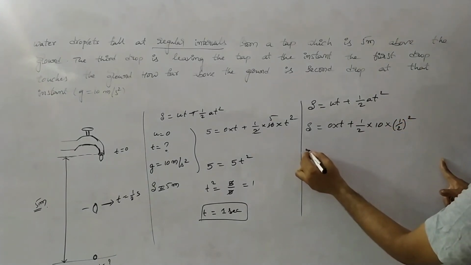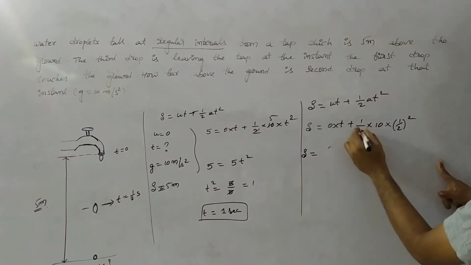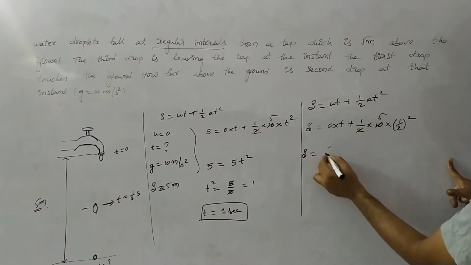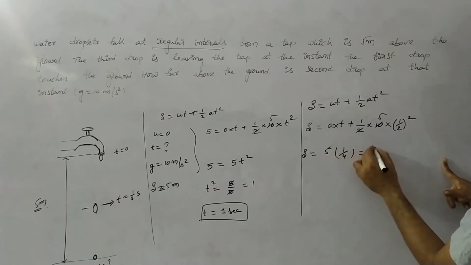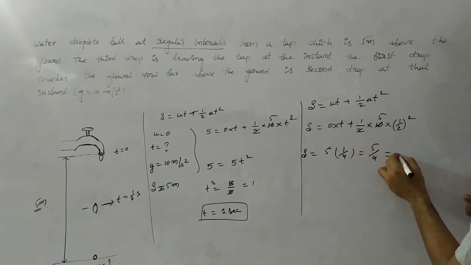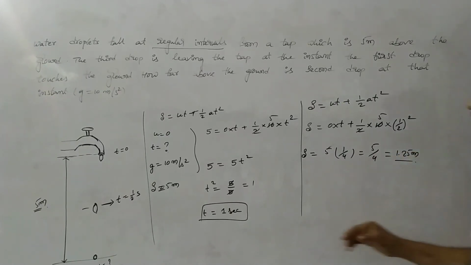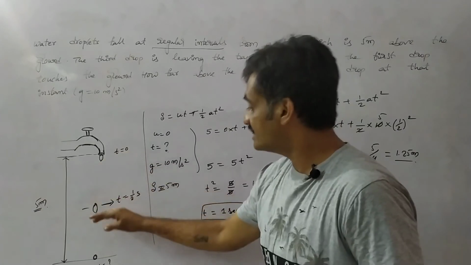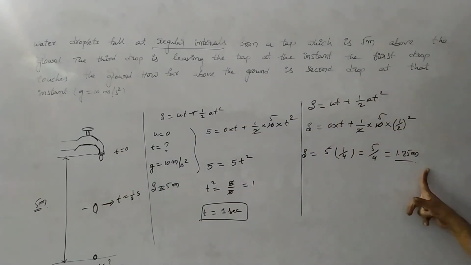Then s equals 1 by 2 into 10, which is 5, into 1 by 4, nothing but 5 by 4. So it can be represented as 1.25 meters. So from the tap, the second droplet is at a distance of 1.25 meters.